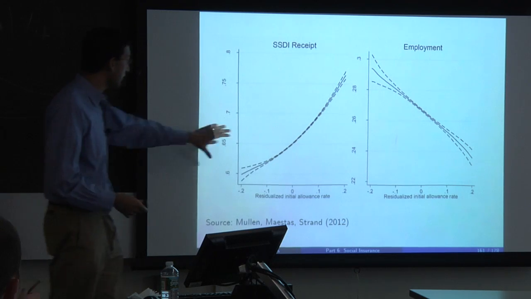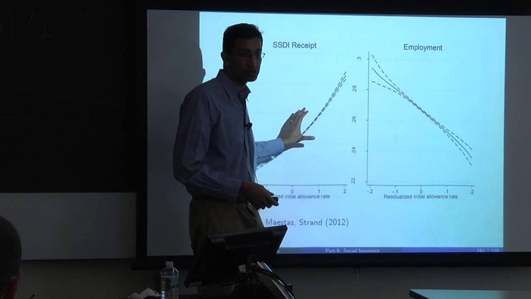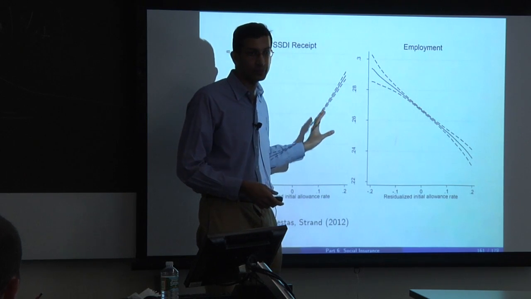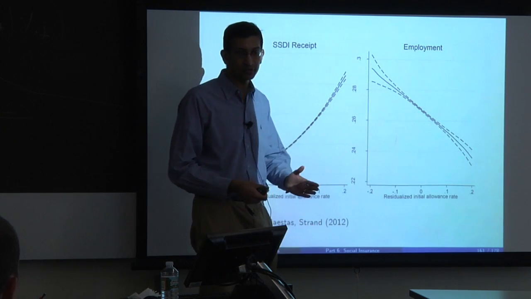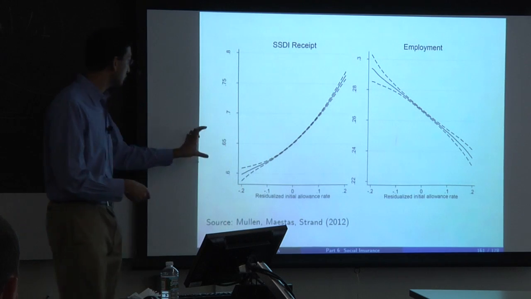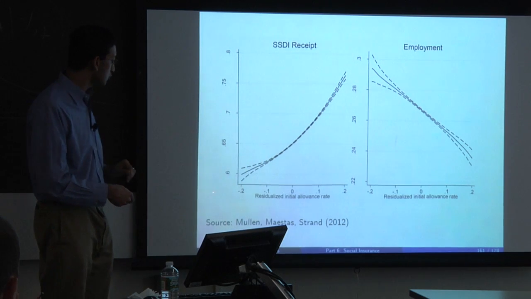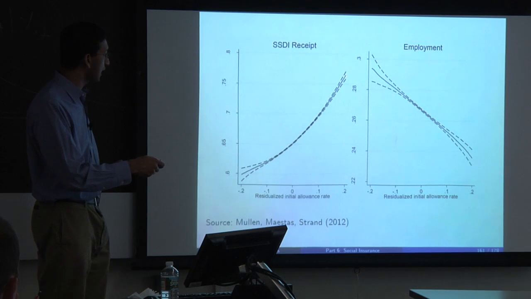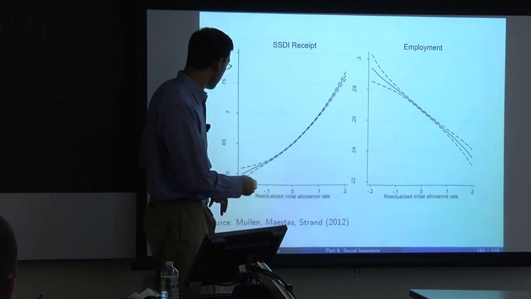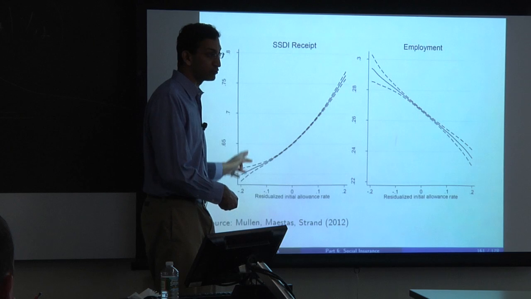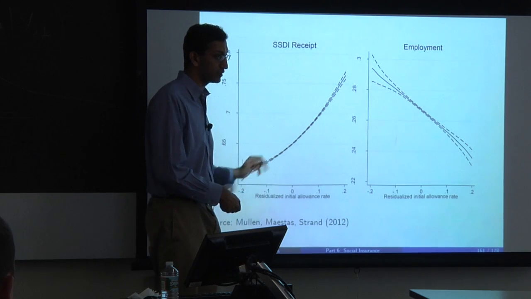And then this left graph here is the first stage, which at some level is mechanical. Some examiners are less likely to give you DI than others, and they're showing you that with this examiner, you are more likely to get DI than if you get this examiner down here who has a relatively low acceptance rate relative to the mean.